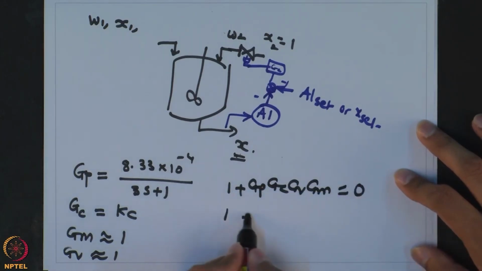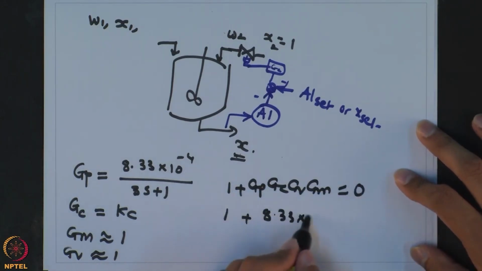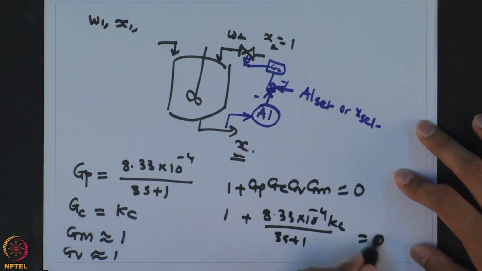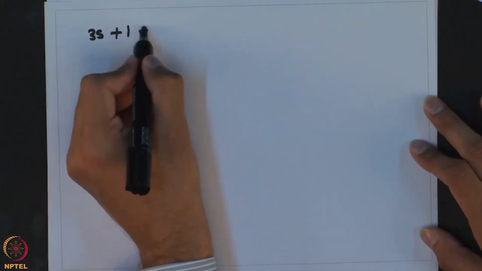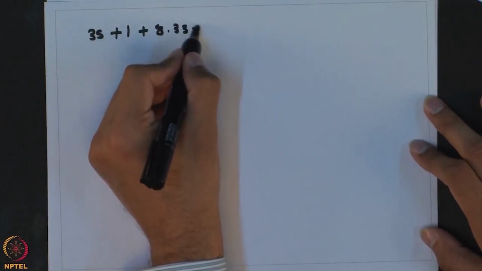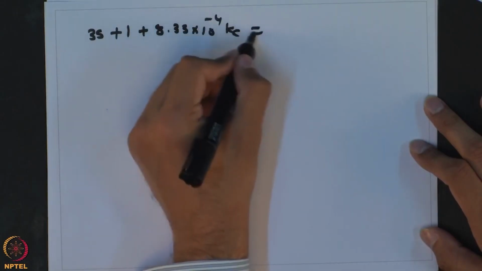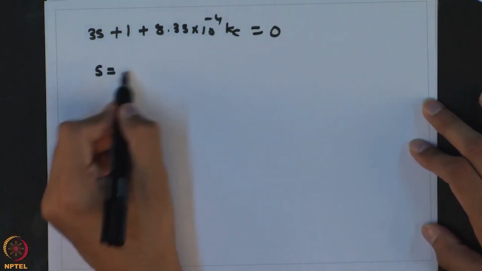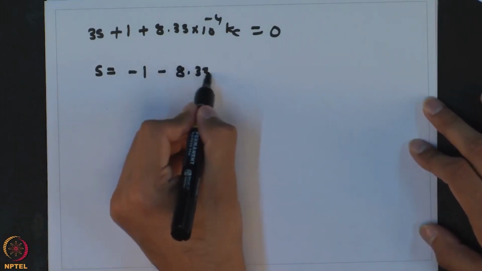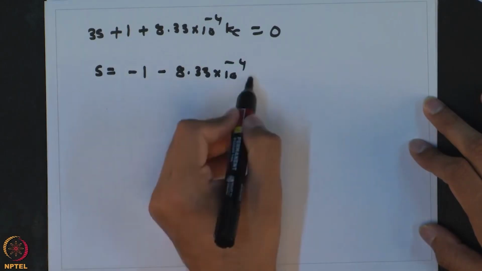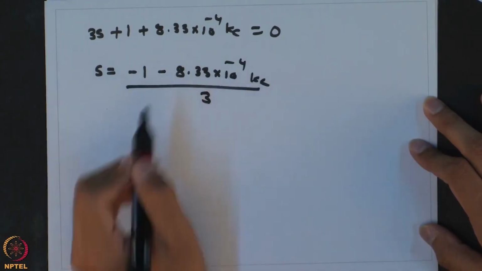So we get 1 plus 8.33 10 raised to minus 4 Kc over 3s plus 1 equal to 0, which on simplification will give us 3s plus 1 plus 8.33 10 raised to minus 4 Kc equal to 0, or s equal to minus 1 minus 8.33 10 raised to minus 4 Kc over 3.